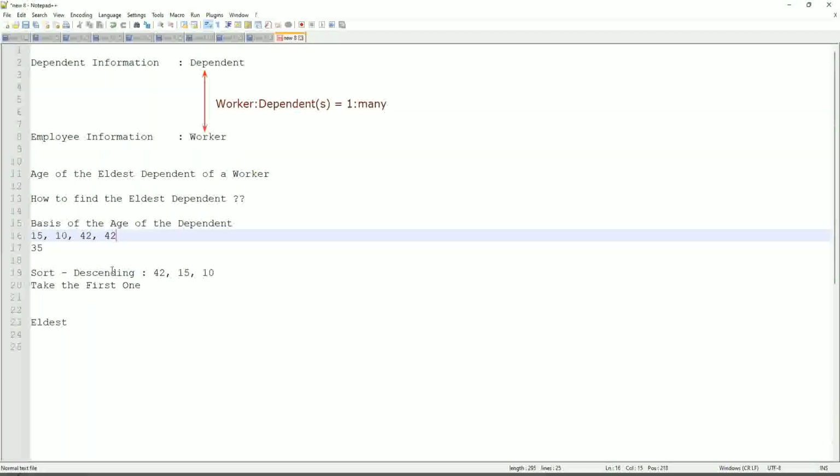Okay. But in this case, let's say you have more numbers like 42, 43, 75, 82, and so on. If one worker has so many dependents, with these as their ages, will the logic that we have defined be absolutely bulletproof?